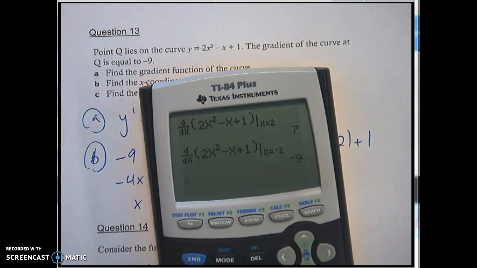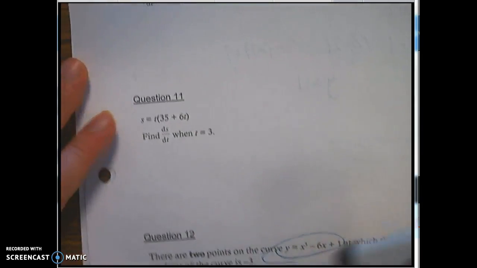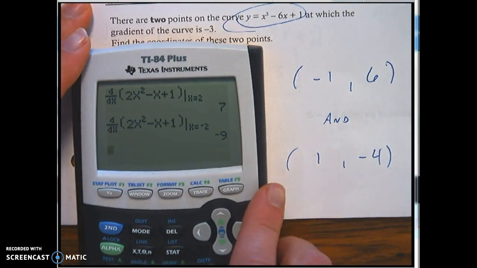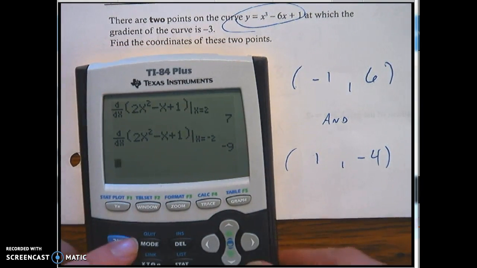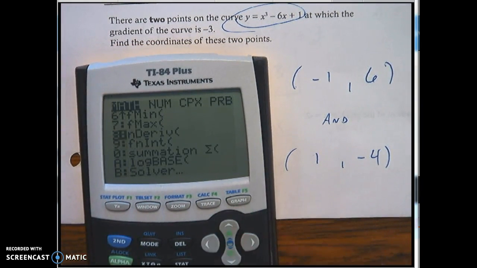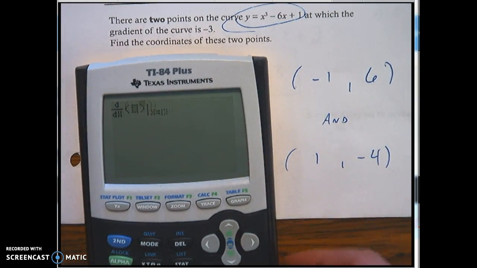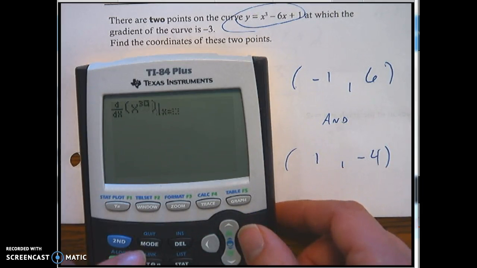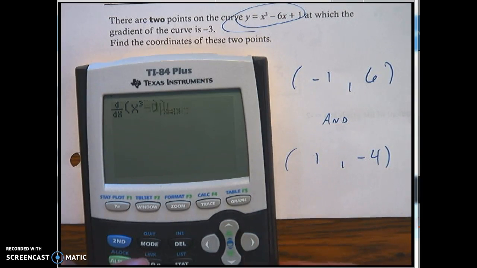That's just a nice way to use the calculator to double check your work. We could have done that on the previous problem as well. Right here, we could have plugged in our two x values. So I'm going to do math 8 again, and type in the function x cubed minus 6x plus 1.